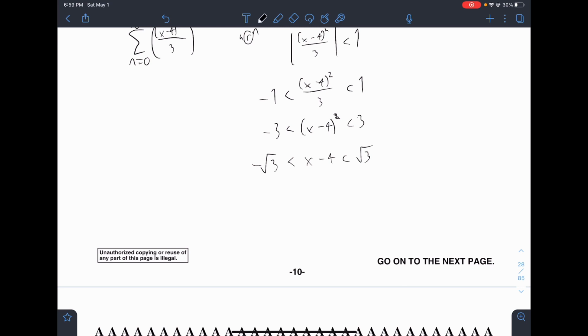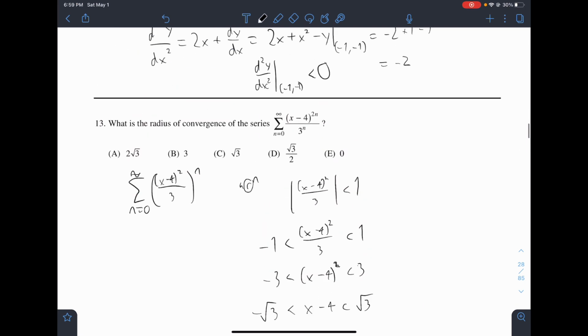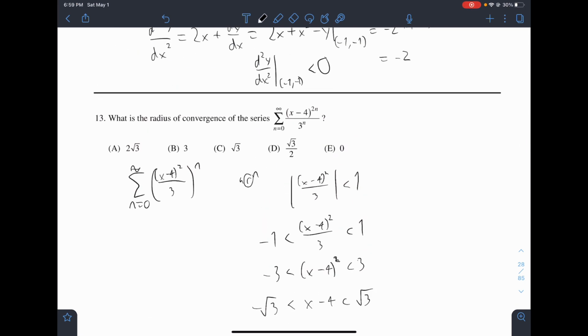So we'll just ignore this plus 4. And so we know that the diameter of convergence is between -√3 and √3, which, if you add that all together, will be 2√3. And since the diameter is twice the radius, we can divide 2√3 by 2, and we get √3. So C is our answer here.